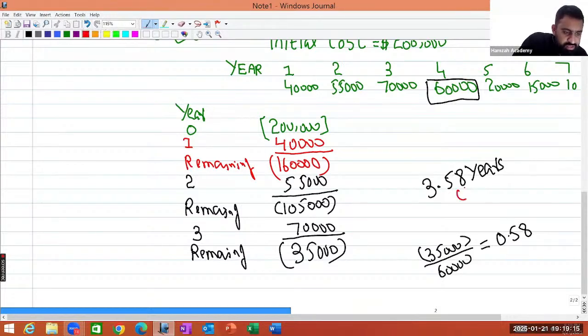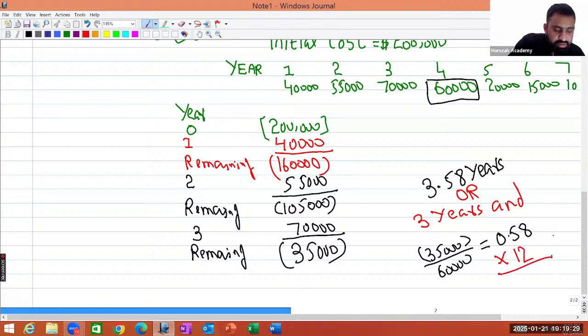Or alternatively, you can also write the payback period is 3 years, and now if you multiply 0.58 with 12 months, in months the answer is 7.